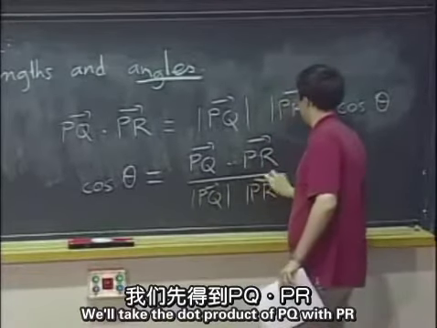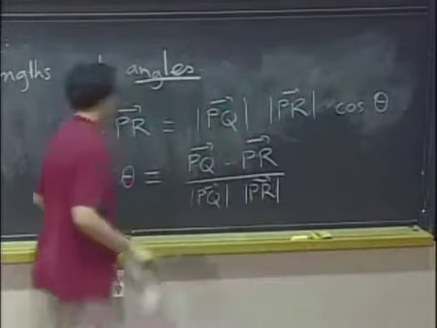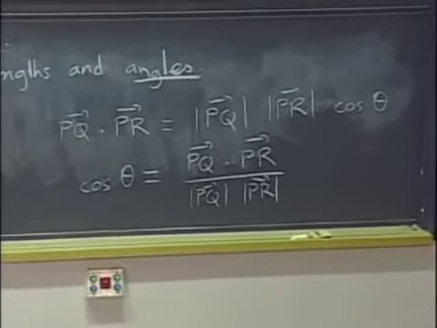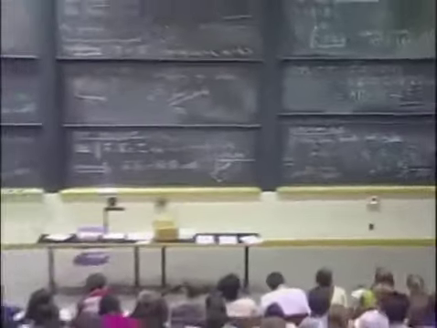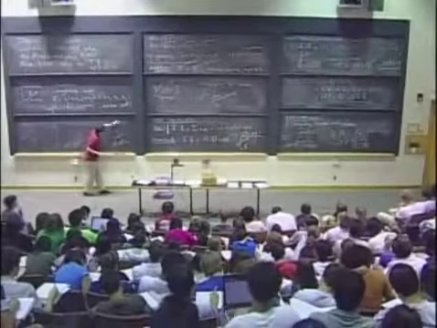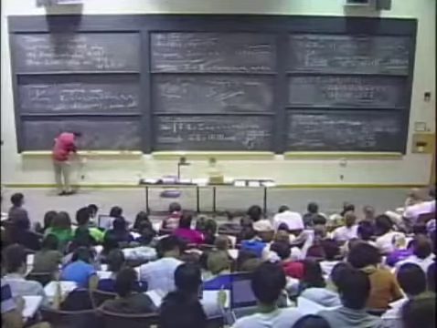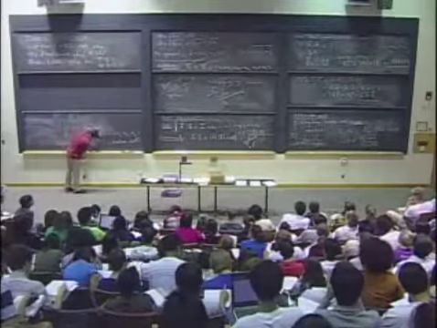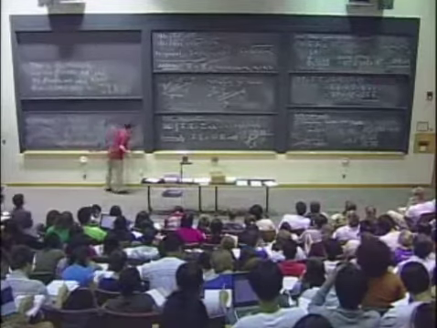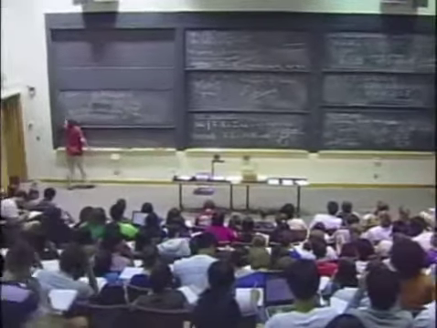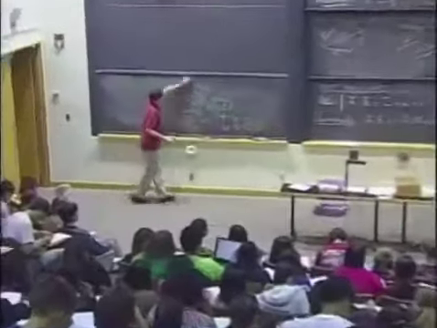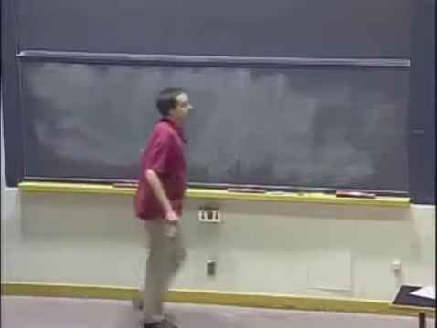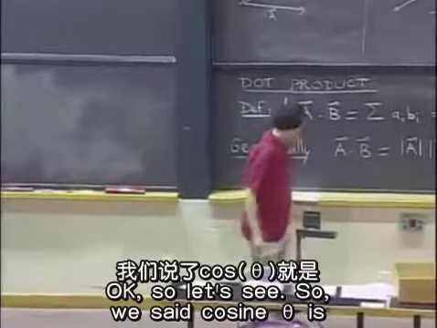We'll take the dot product of PQ with PR and then divide by the lengths.